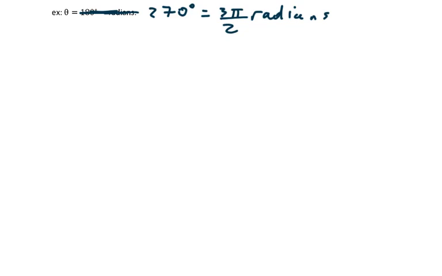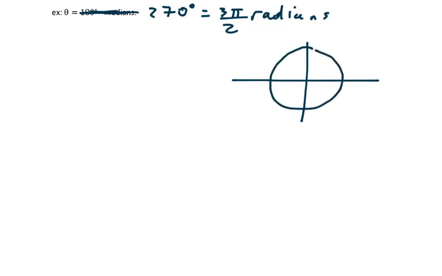Now let's do 270 degrees. That's actually pretty easy as well. It's easy to figure out what P is. So I'm drawing the unit circle as before. With 270 degrees, if we have the angle in standard position, it's 3/4 of a complete rotation, because 270 degrees is 3/4 of 360 degrees.